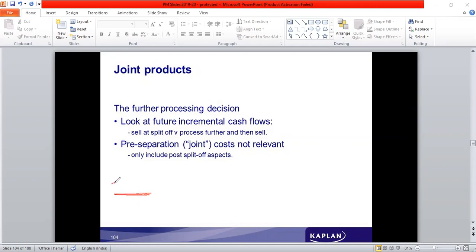They are joint costs. Then this continues until a point where all these products get separated. The point where they get separated, we call that point the split off point. So they get separated at a split off point.